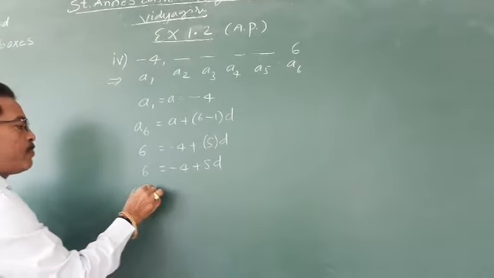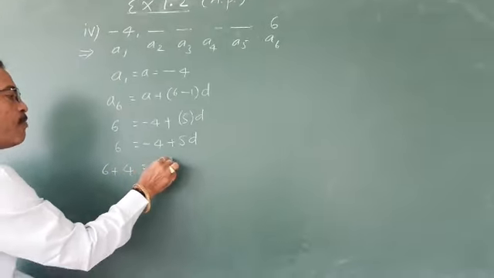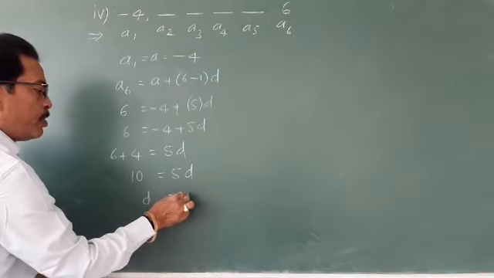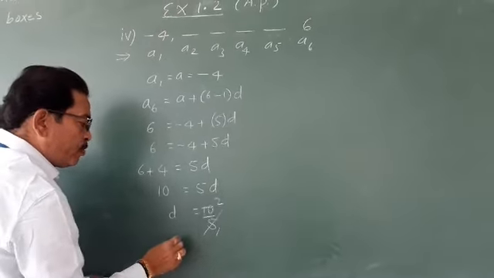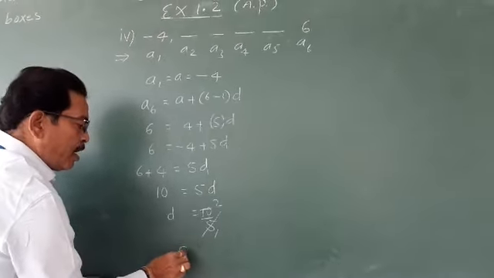So 6 plus 4 equals 5D. 10 equals 5D. D equals 10 by 5. 5 ones are 5, 5 twos are 10. D equals 2.